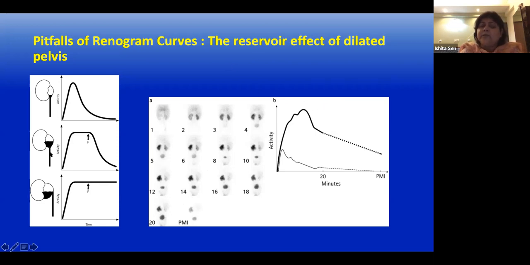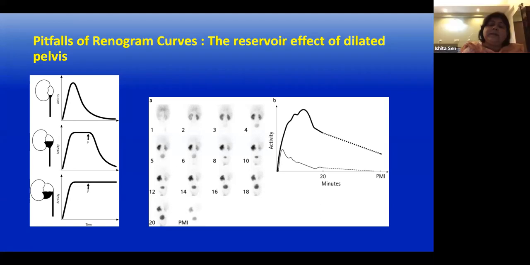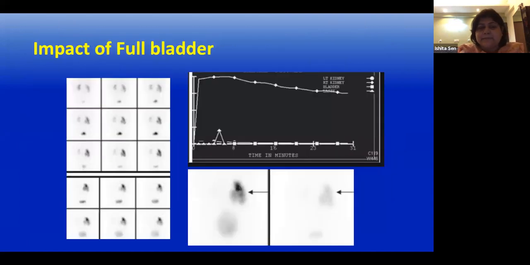So it is important to keep the pelvis decompressed, which can happen either by administering the Lasix 15 minutes prior, or at least asking the patient to void prior to the actual imaging. In a child, sometimes we would place a catheter in the urinary bladder to keep the bladder decompressed, so that the effects of the reservoir effect are mitigated.